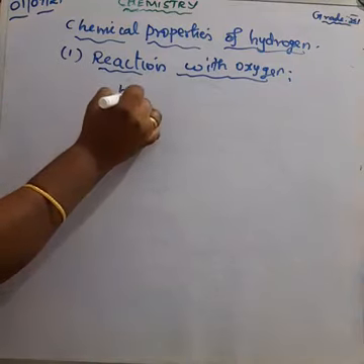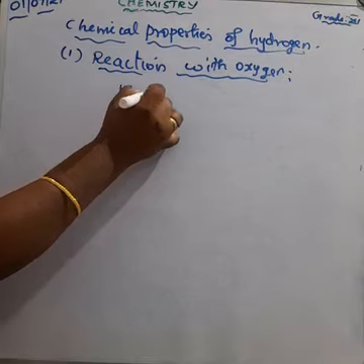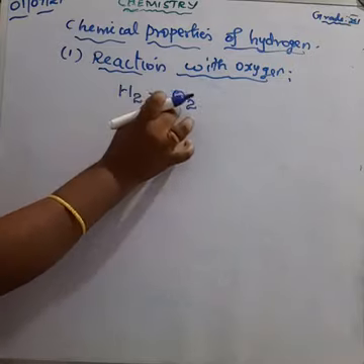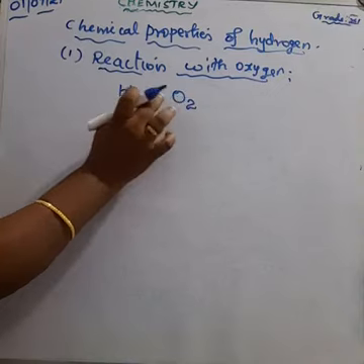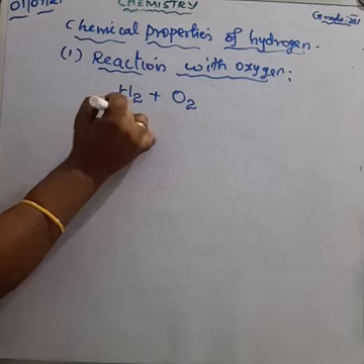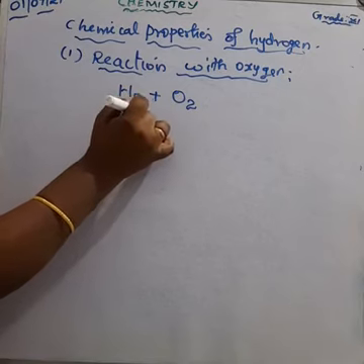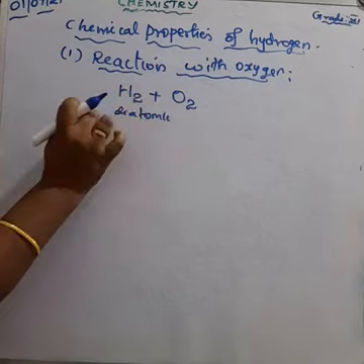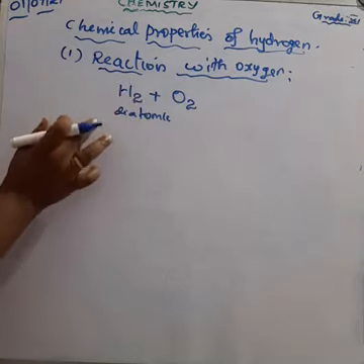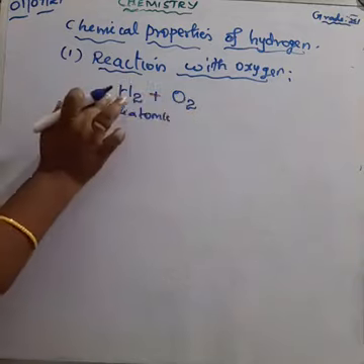Hydrogen molecule means H2. Hydrogen reacts with oxygen, formula O2. Both hydrogen and oxygen molecules are diatomic molecules. What do you mean by diatomic? Diatomic means the atomicity of hydrogen is 2. Like that, the atomicity of oxygen is 2. That is called diatomic molecules.